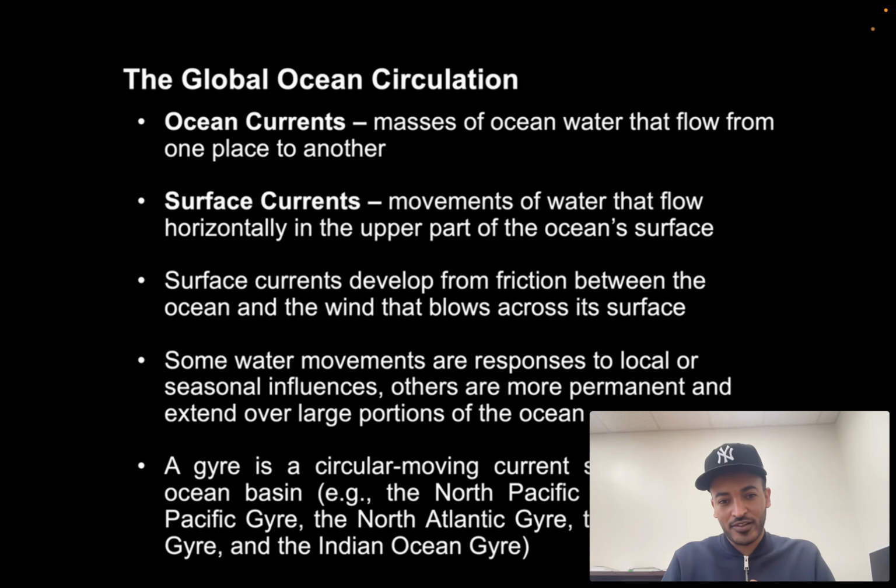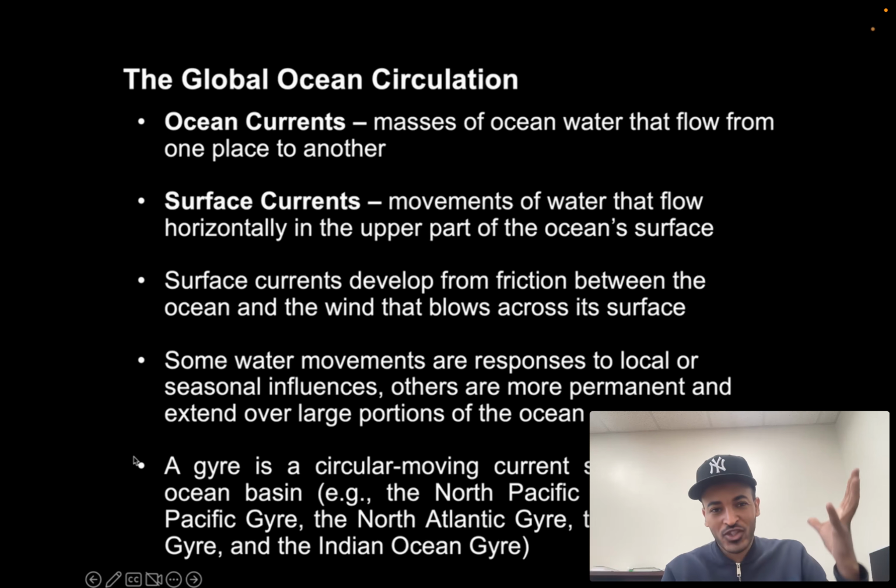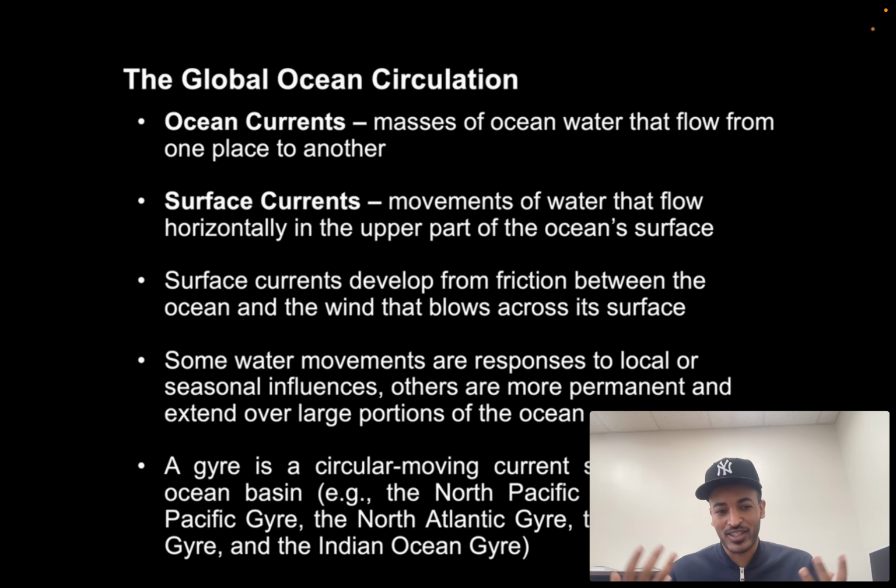The previous lecture talked about cyclones and anticyclones, right, and the fundamental difference between the two. We have a more or less similar situation in the ocean as well. For instance, a gyre is a circular moving current system within an ocean basin.